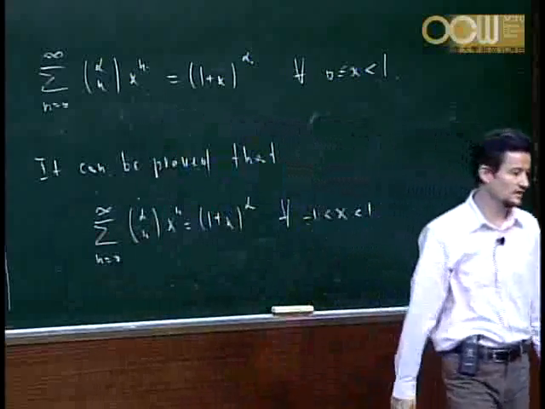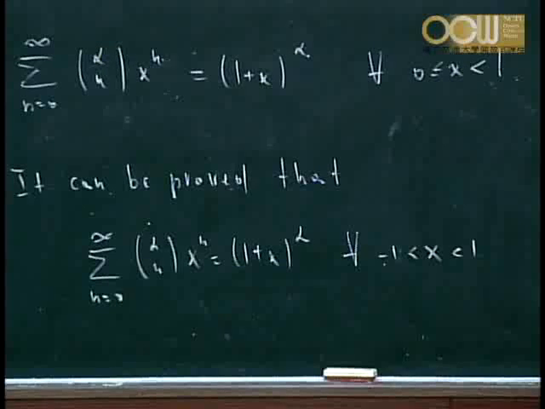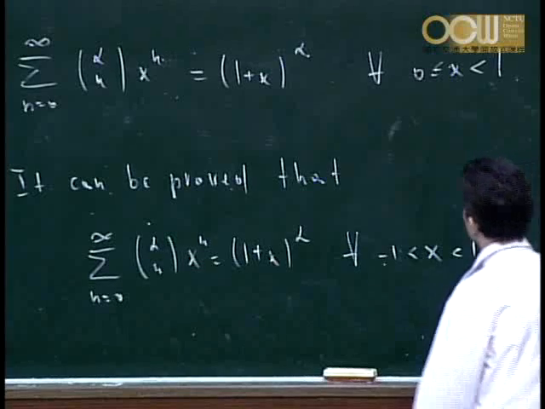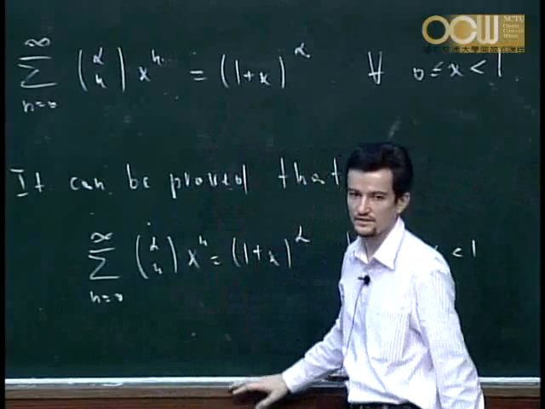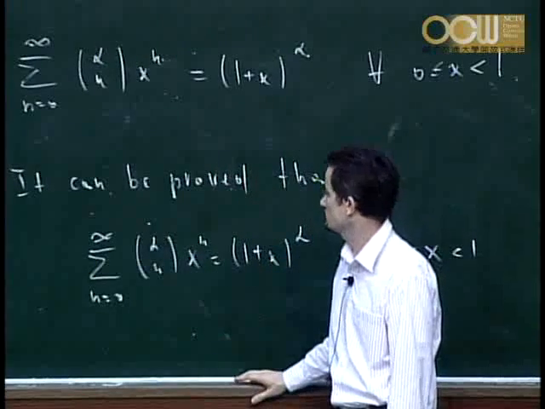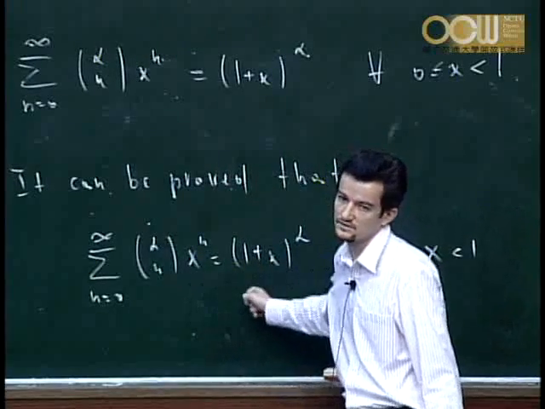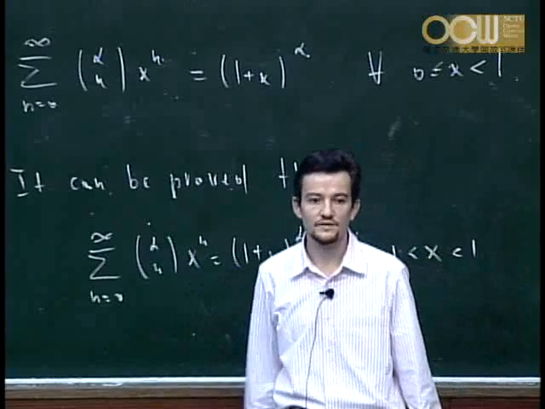You can take a look at it. It's one of the assignments there, so the exercise is there. There is another way, completely different, which allows you to prove that this holds, but much more clever.